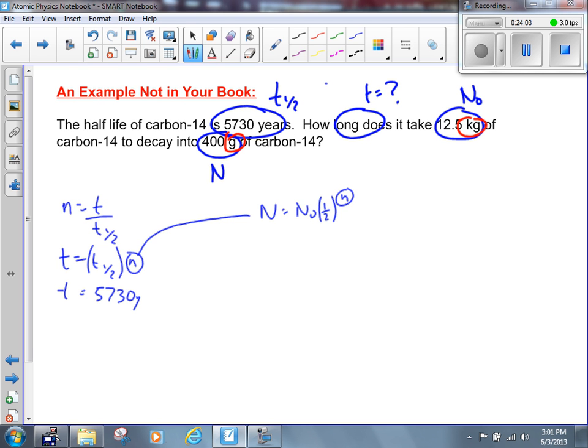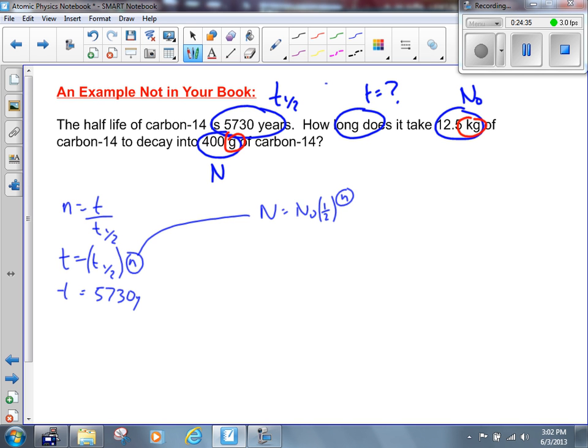The curriculum objective mentioned in the program of studies for Physics 30 says that you need to perform simple, non-logarithmic half-life calculations, meaning that you're never going to have to use logarithms. There's always another way. But it's not saying that you can't use logarithms. In this question, logarithms, if you're comfortable and familiar with them, may be a bit of a shortcut and may speed things up for you a little bit. But it's never a requirement.